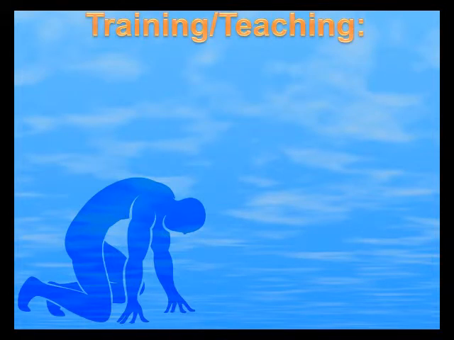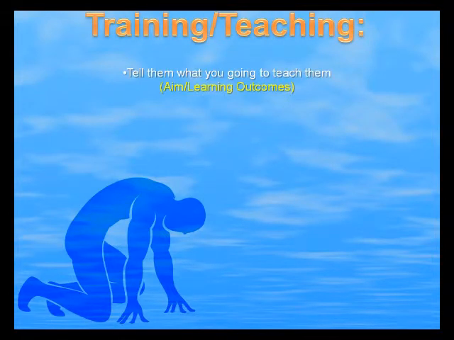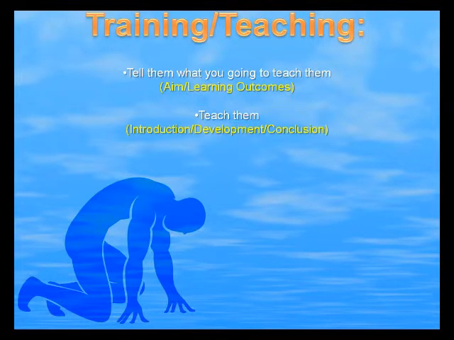So let's have a look at that in more detail with training and teaching. With any course, any session, you start off with telling them what you want to teach them. So that's the aim and learning outcomes. Then you actually teach them. That's the introduction, development and conclusion. Then you tell them what you just taught them.